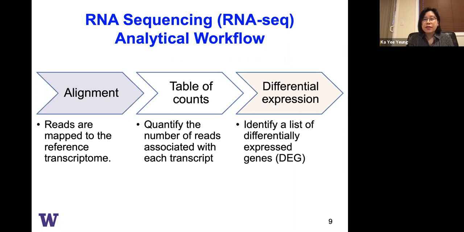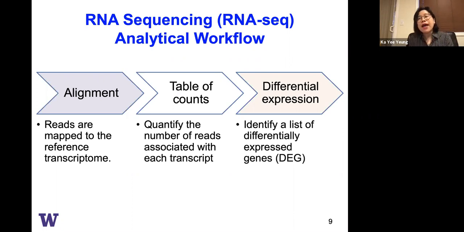You might think of the table of counts as a spreadsheet. Each row is a transcript, and in human we have roughly 20,000 transcripts. One column would be one RNA-seq experiment. Typically in RNA-seq we have multiple experiments. For example, we might have 3 experiments profiling the expression level, the activity level of transcripts in the normal, not diseased, control group of patients.